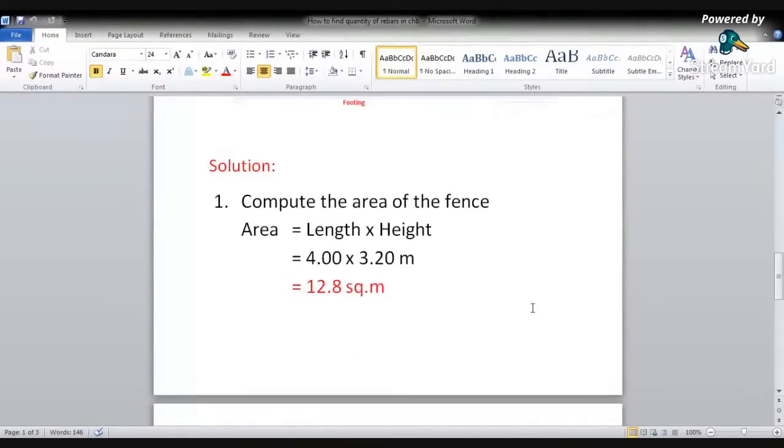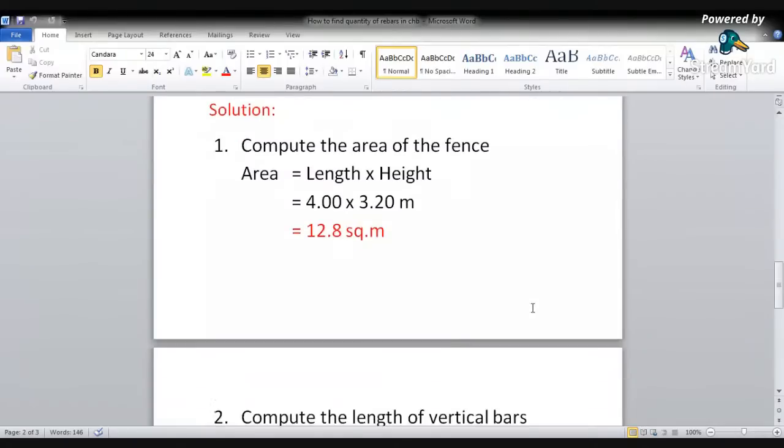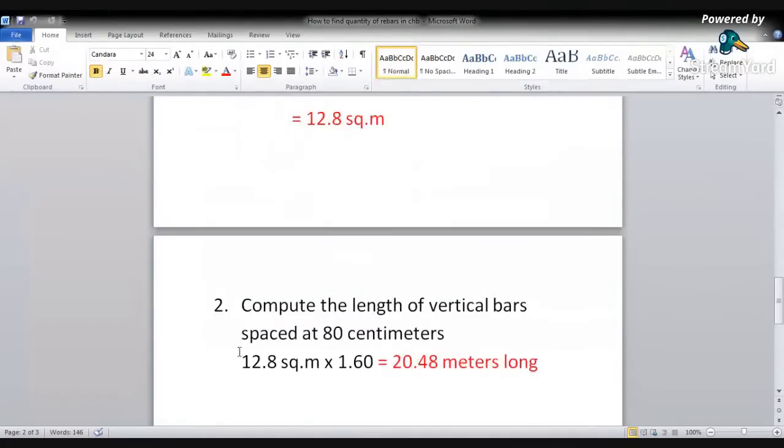So now we have an area of 12.8 square meters. We will compute the length of the vertical bars spaced at 80 centimeters. So 12.8 square meters times 1.6, this is the multiplier of the 80 centimeter spacing.